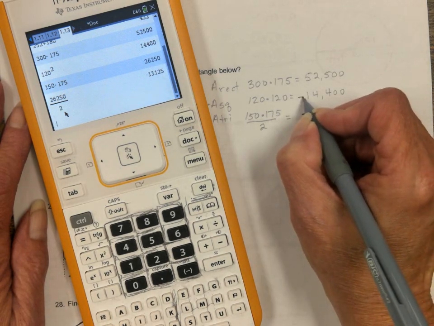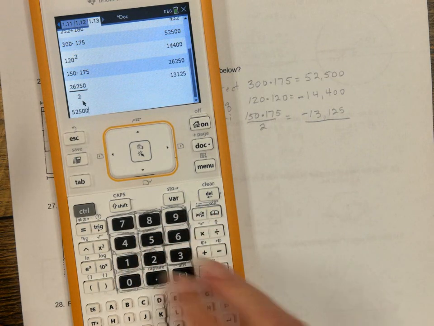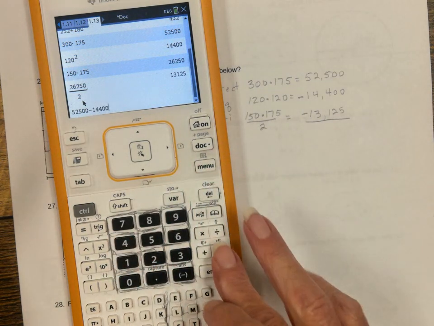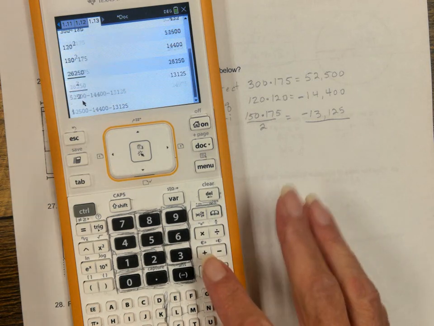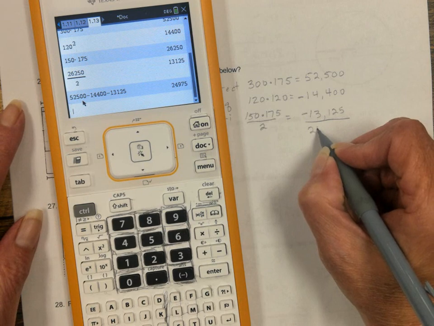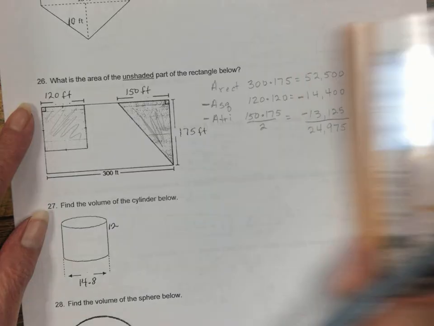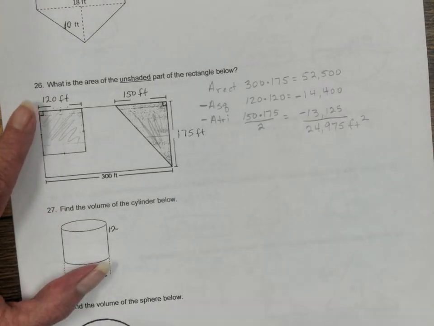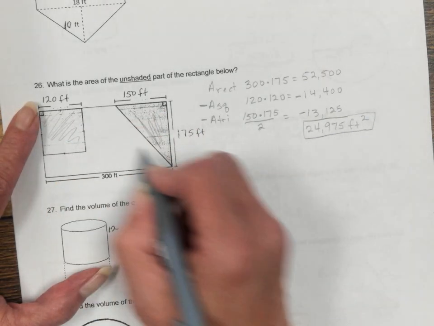Remember to subtract these two. So 52,500 minus 14,400 minus 13,125 equals 24,975. Unit of measure feet, squared because it's area. And that is the unshaded part of that rectangle.